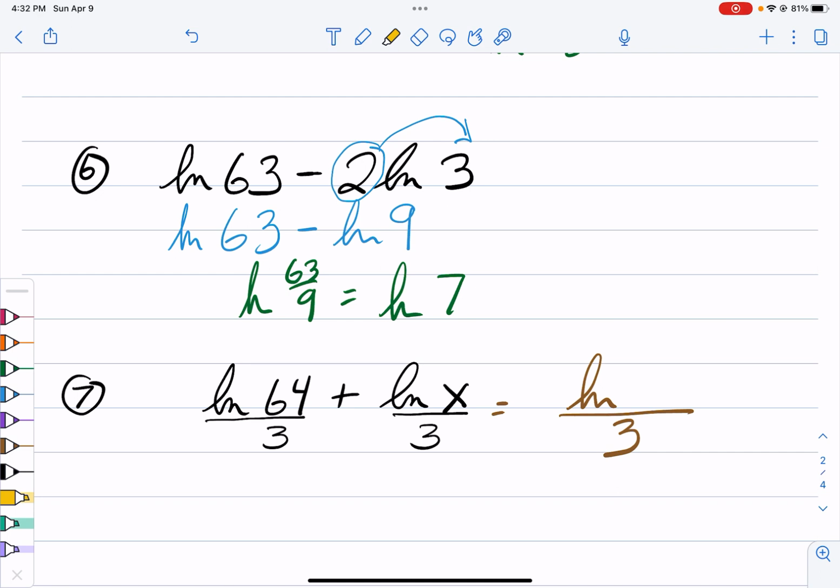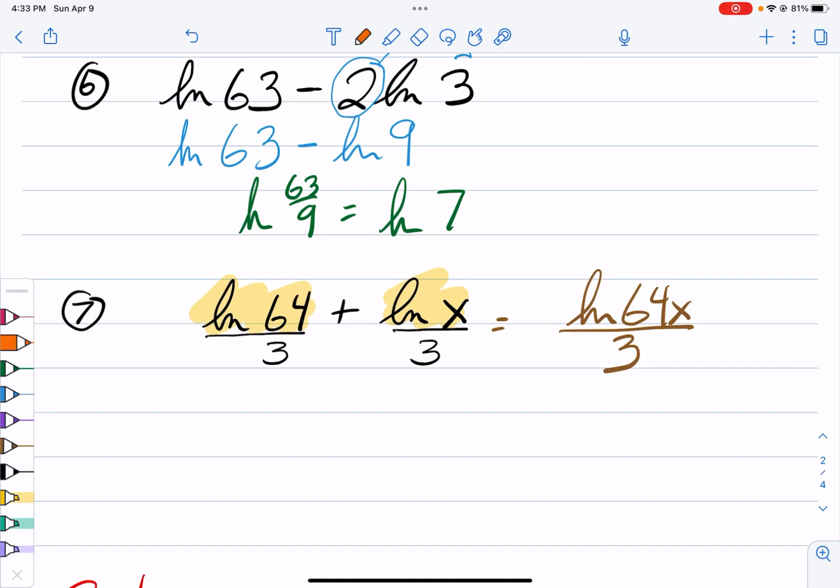What the 3 is, they have in common. It's kind of like adding or subtracting fractions. They both have a denominator of 3, so the denominator of 3 stays. The top of the fraction is the natural log of 6 plus the natural log of x. So if I want to condense addition, I use multiplication, and this becomes 64x.